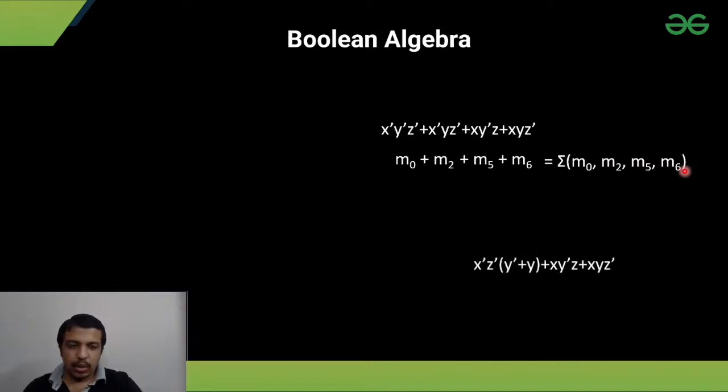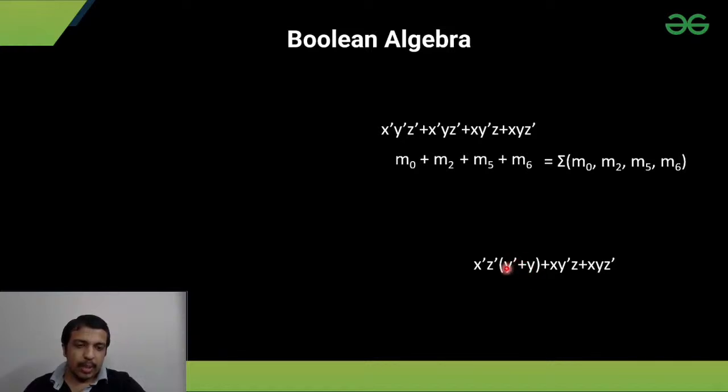We can also simplify this particular expression, because we notice that in both these terms x bar and z bar is common, and if we take it common, then what we are left with is y bar or y. So we know that y bar or y will always be true, right?